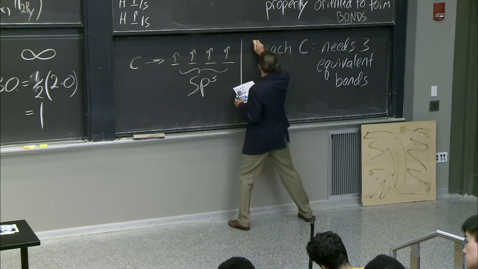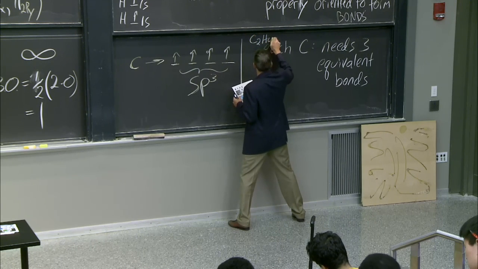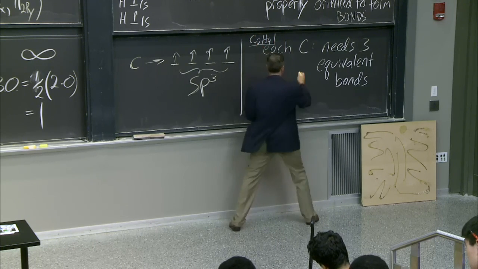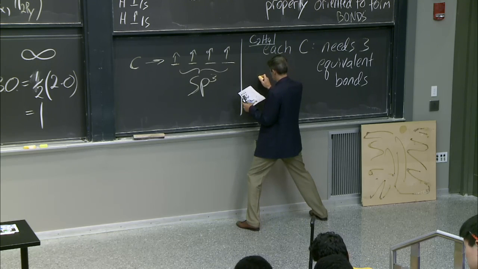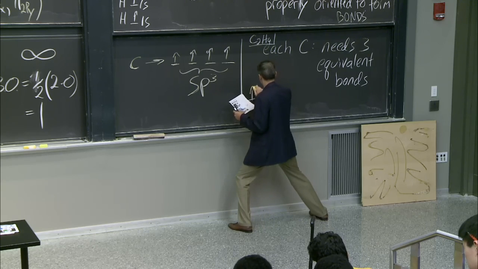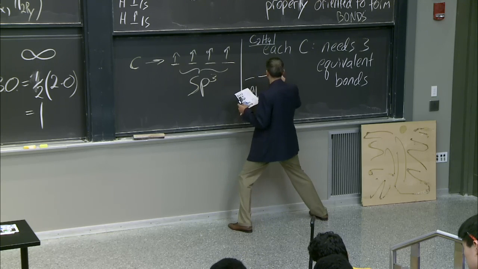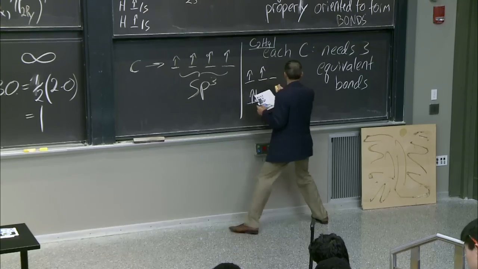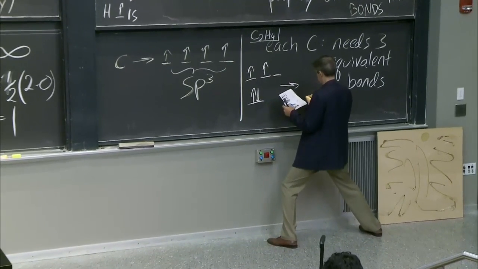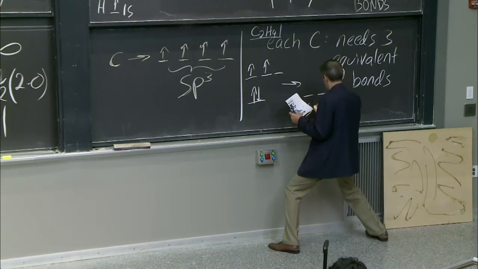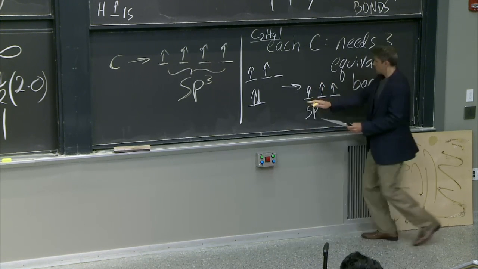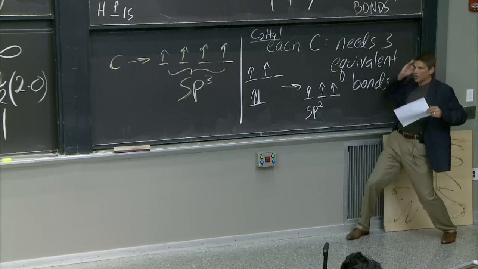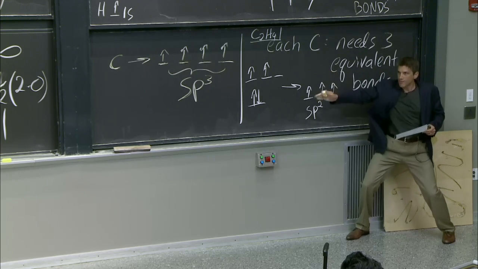So for C2H4, each carbon atom needs 3 equivalent bonds, and it can do that if it hybridizes in the sp2 hybridization. So let's draw that, right? So these are the original orbitals of carbon, and they will go to 3 sp2 orbitals.